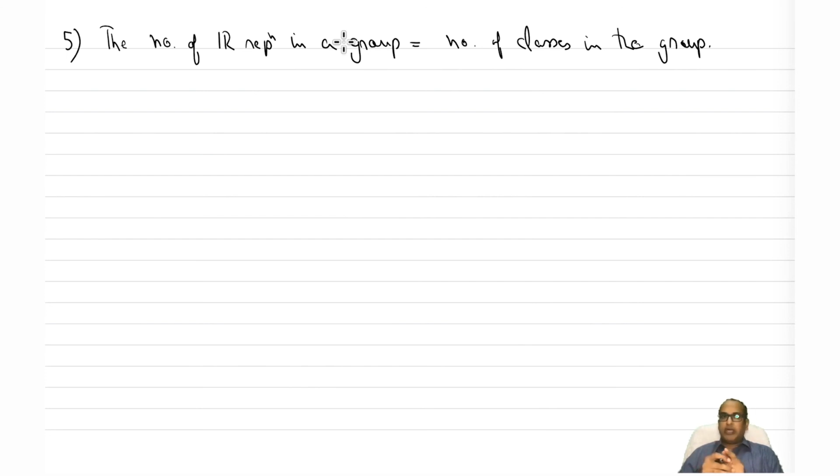Nothing we are going to do. We are just going to write directly the character table or the trace or the irreducible representations directly.